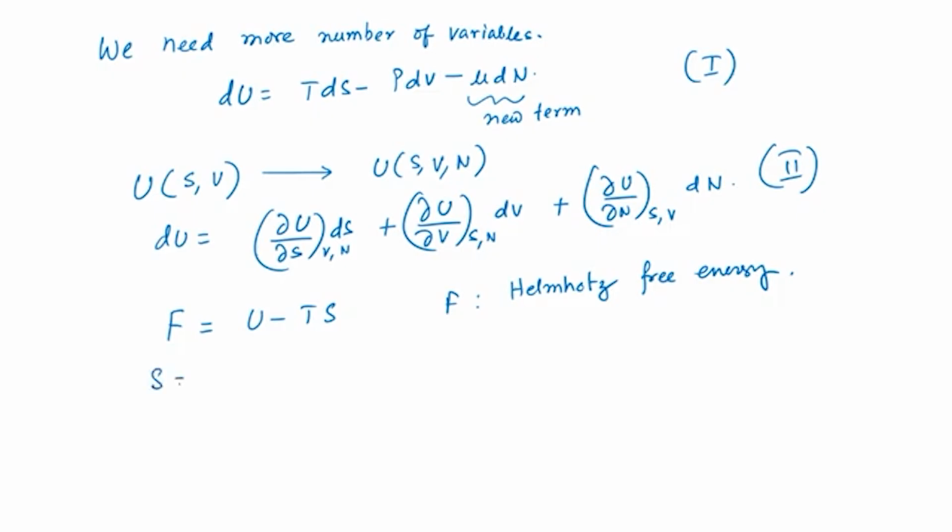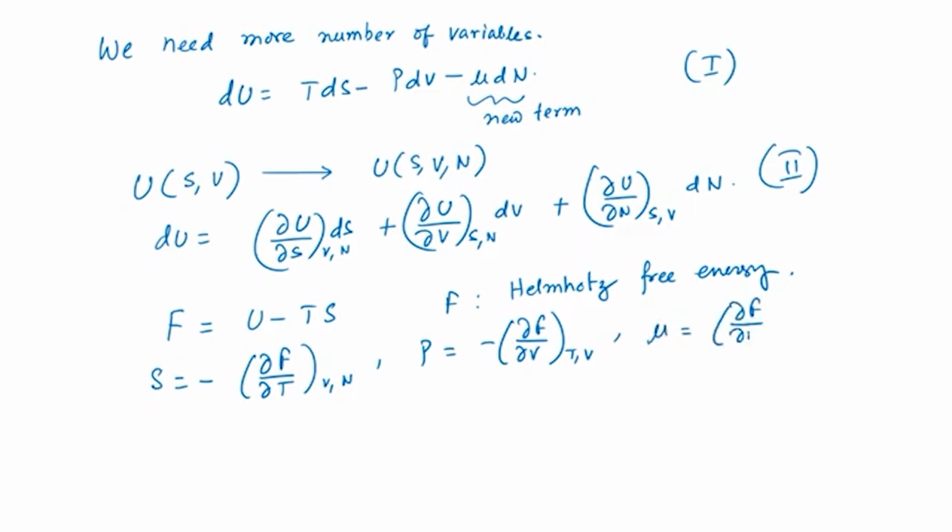Using that, one can define S in terms of this new energy functional: S is equal to minus del F del T with V and N constant, P is equal to minus del F del V. We will see these expressions several times when we do statistical mechanics, and mu is equal to del F del N with T and V constant.